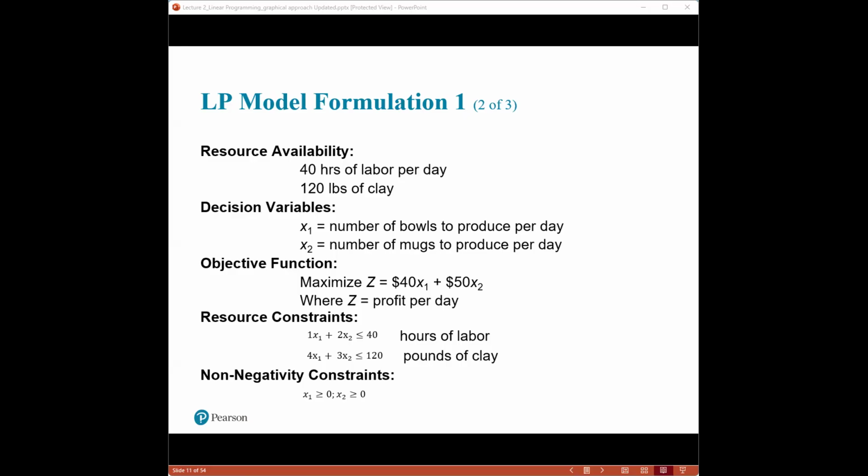Four times 40 is what? 160 minus what? 8x2 plus what?